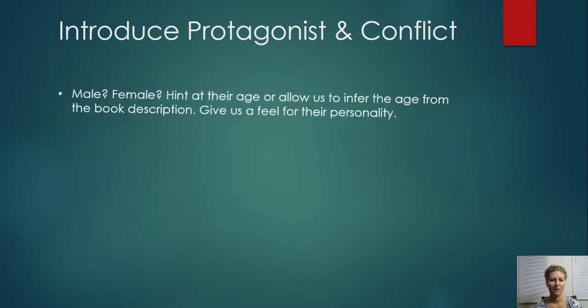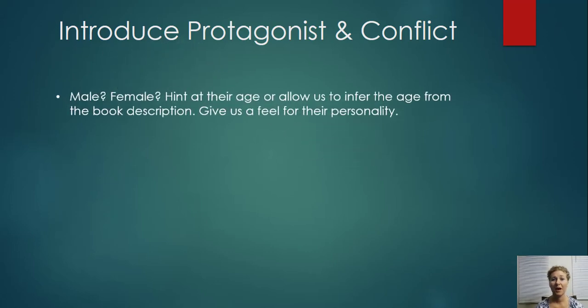First of all, obviously, is your protagonist male or female? You're going to hint at their age or allow us to infer the age from the book description. You can give us a feel for their personality through that as well. So when you're introducing the main character, is he or she a banker?